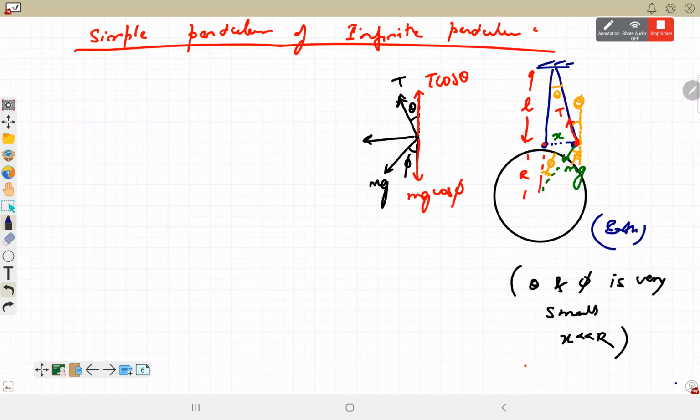Correct? So T cos theta is equal to mg cos phi. Theta and phi are very, very small, so T is approximately equal to mg.